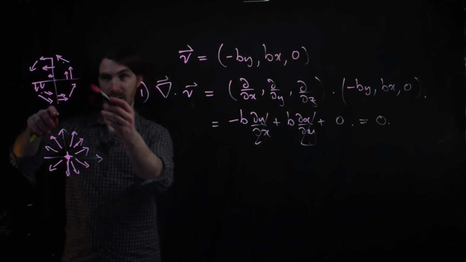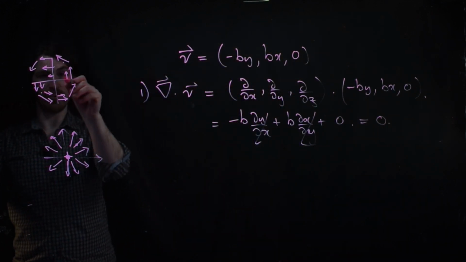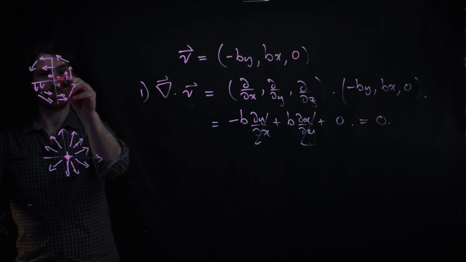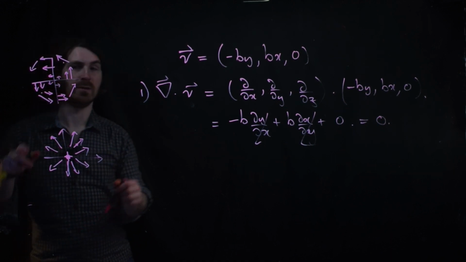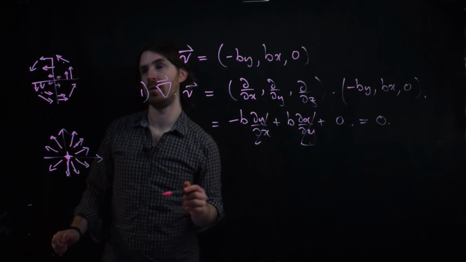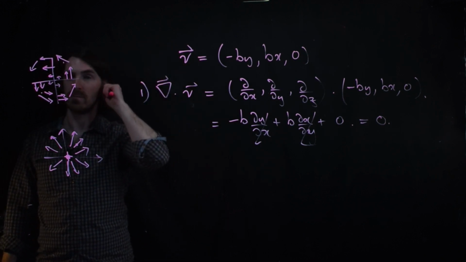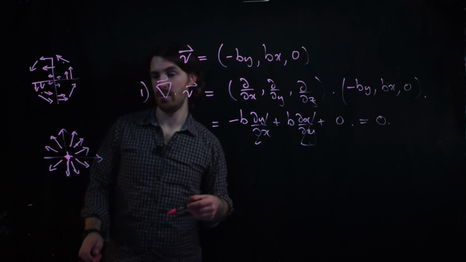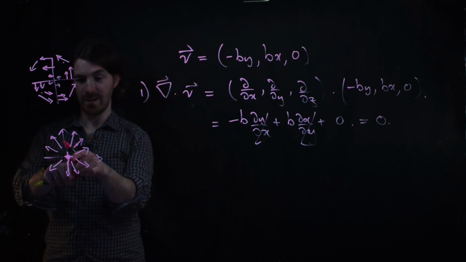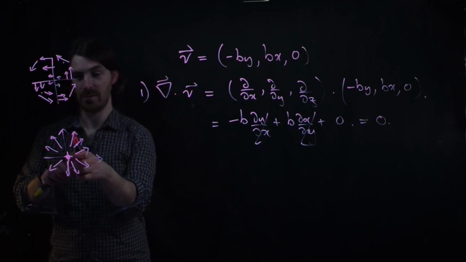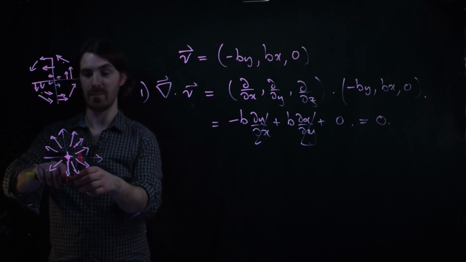So in this case of the water rotating, the divergence is 0. There are no sources or sinks of anything. Whereas in the electric field case, it's clear that there's some kind of source, which the lines are emanating from.